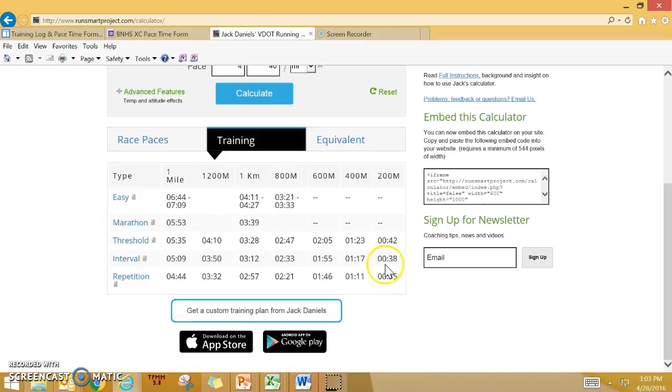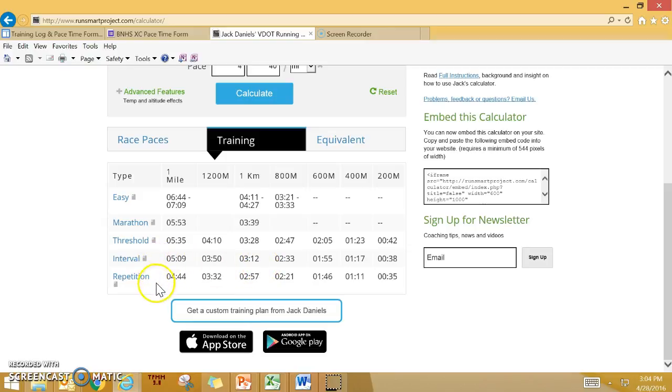So you need to know your 400 time under interval, which is 77 seconds here. Your 600 time is 1:55. So this person should be able to get a little more than 600 meters on their 2-minute hard run. Sometimes we do 3-minute hard runs, so this person might get almost 1,000 meters, or 1 kilometer, on their hard run. We'll do these on the cross-country course out in front of the school.